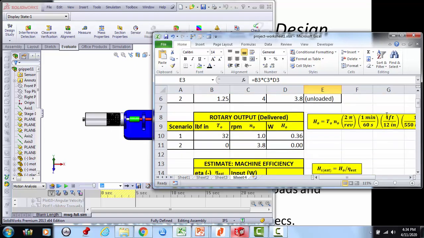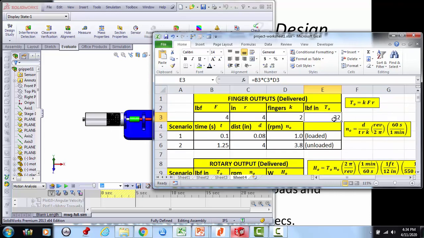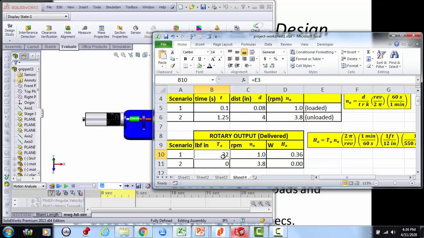What I really did was I took that 32 inch-pounds for my torque, and I put it there for my loaded scenario, and I put the 1 RPM in this location. So I've got my scenario 1 squared away, where I have my output torque.